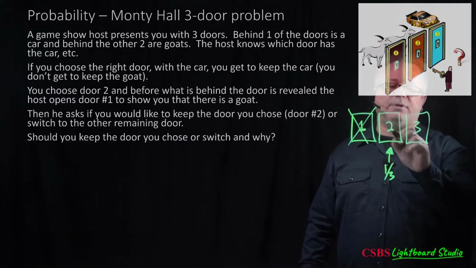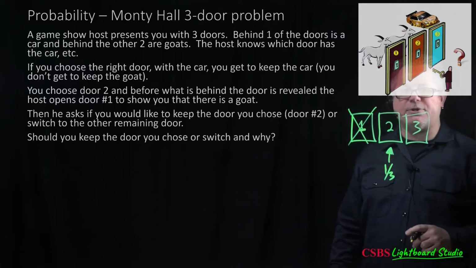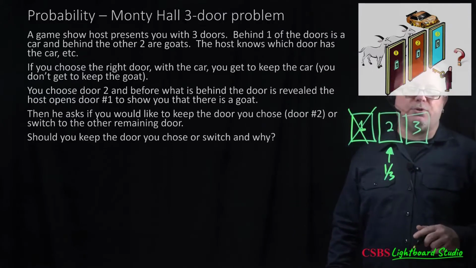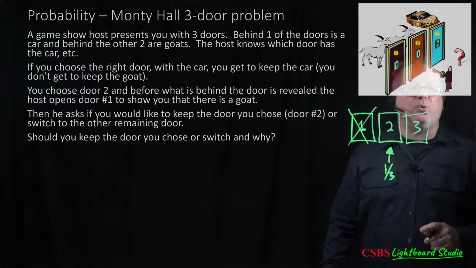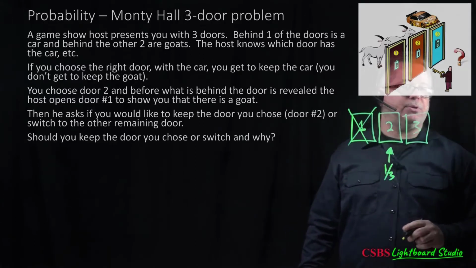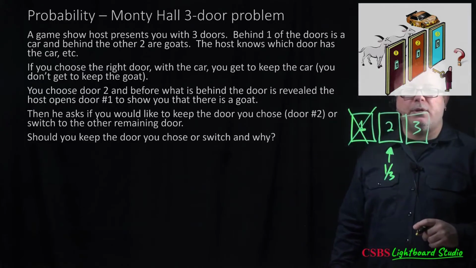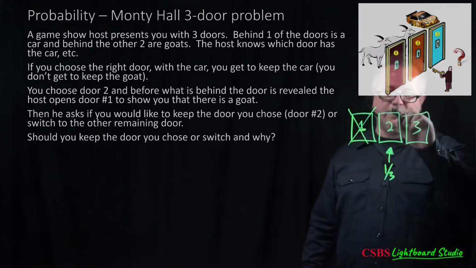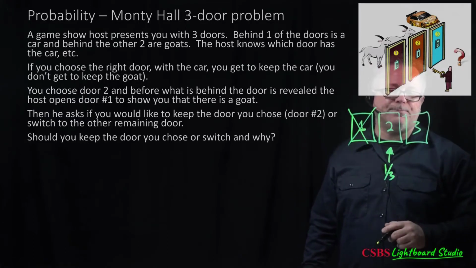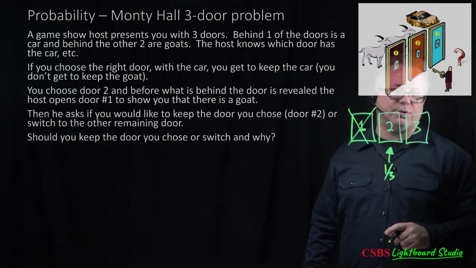So you're left with these 2 doors, door 2 and door 3. The host will then ask you, do you want to keep your original choice of door number 2, or would you like to switch to the other remaining door, door number 3? The question comes down to, should you keep the choice you made, or should you switch? And the bigger question is, why should you switch?